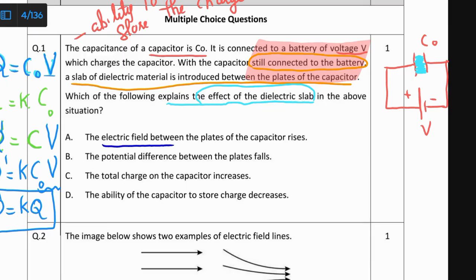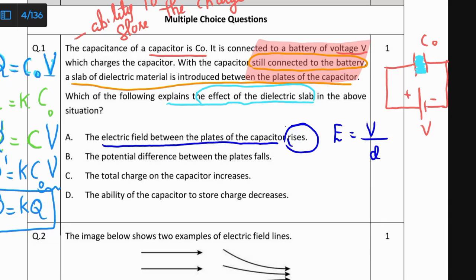The electric field between the plates of the capacitor rises. And as you know, electric field depends on the potential difference and the distance between the plates. Here nothing is mentioned about changes in the distance between the plates. They even mentioned that the potential difference remains the same. What does this mean? This means that the electric field remains constant.